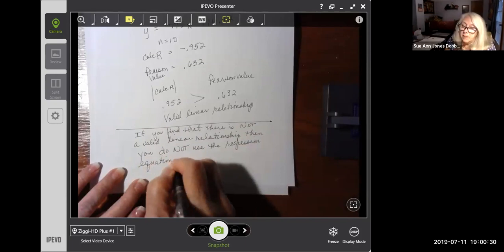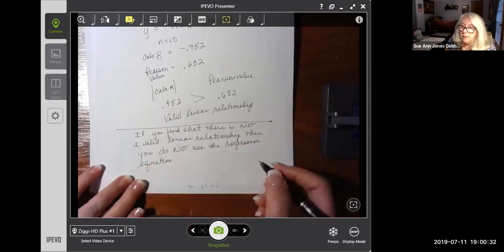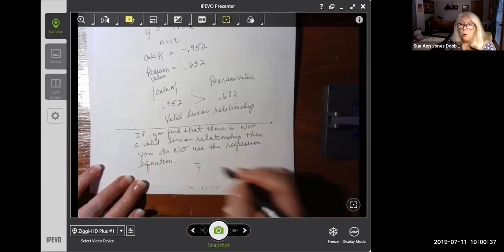Instead, the best predicted value is the mean of the y values, which is just y bar, which you can calculate.